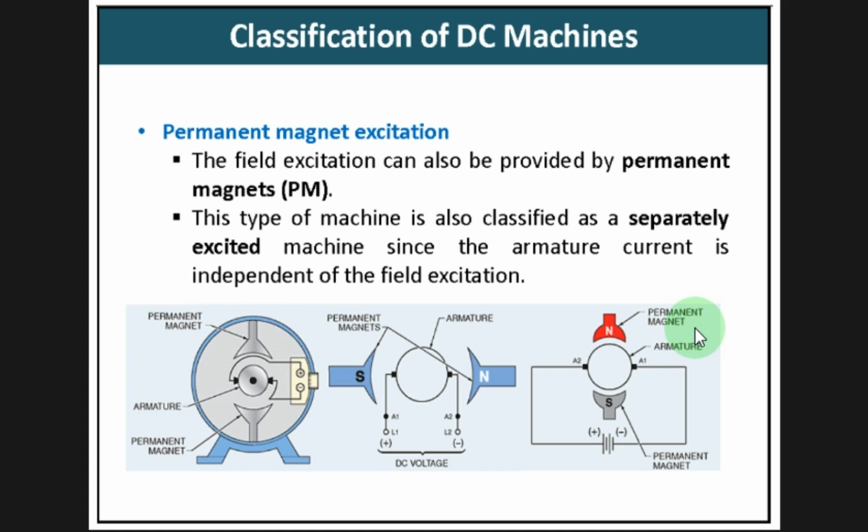So we can produce the magnetic field electrically, what we call electromagnetic coils, to have higher field strength, and also the field strength can be controlled by controlling the supply to the field coils.